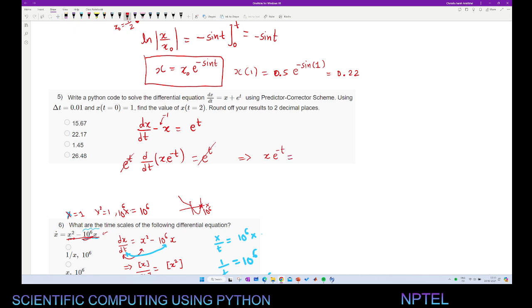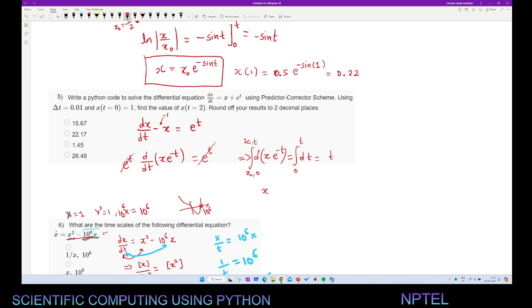is equal to, so d is equal to dt. So integrate this from x0 to x, and t from 0 to t, which is just t, right?